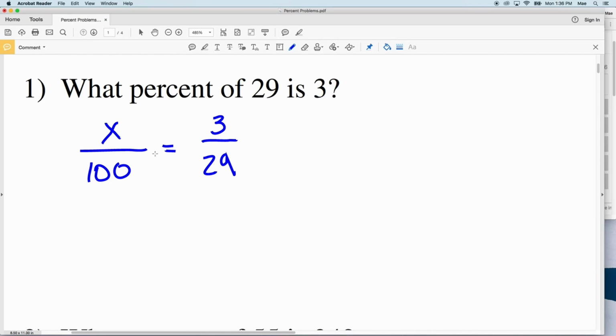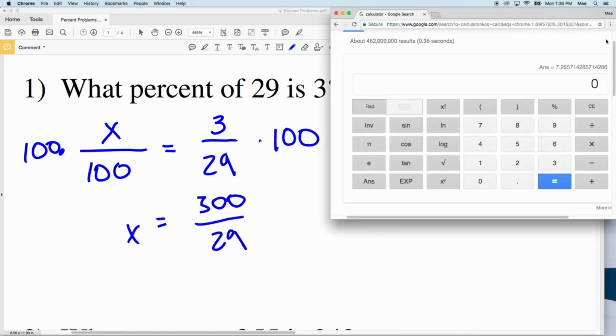So now we're just going to solve like we do for solving proportions. We'll multiply both sides by 100 to get that x is equal to 300 over 29. Typing that into our calculator is 10.34, rounding to the nearest tenth, 10.3%.